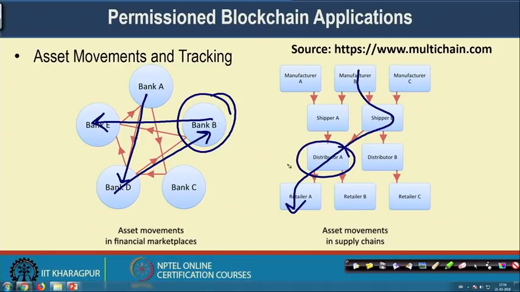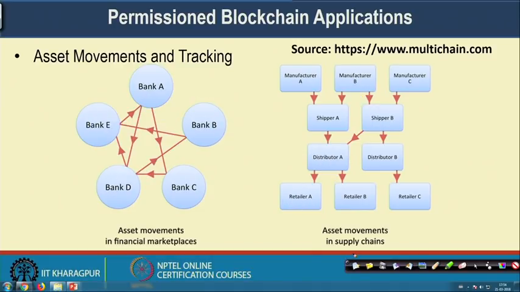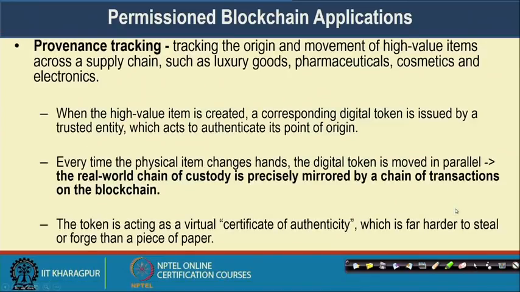So, there are multiple applications, and in this kind of application we can rely on the blockchain environment to design a nice solution like provenance tracking, where you want to prove that a particular distributor or a particular person or intermediary has indeed received the asset.